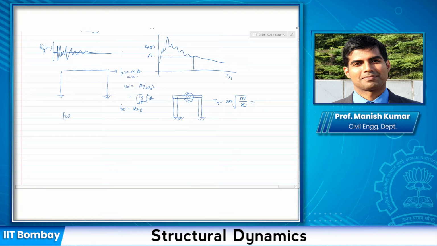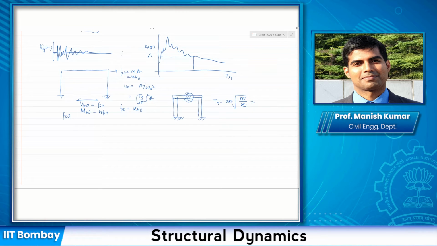Use any of these expressions and then find out Vb naught and Mb naught using the equations that we have already derived. This is a very simplistic form of the general procedure that is followed for the earthquake resistant design analysis of a structure, using equivalent static analysis.